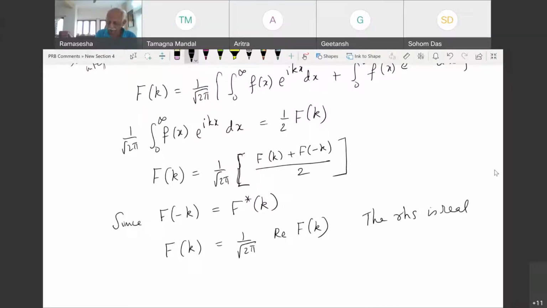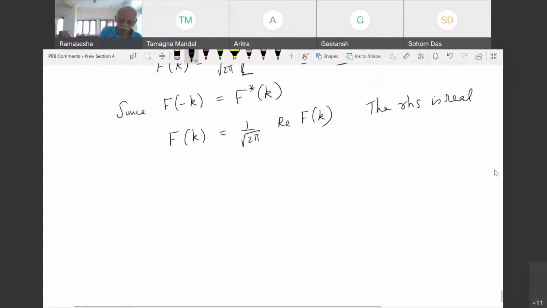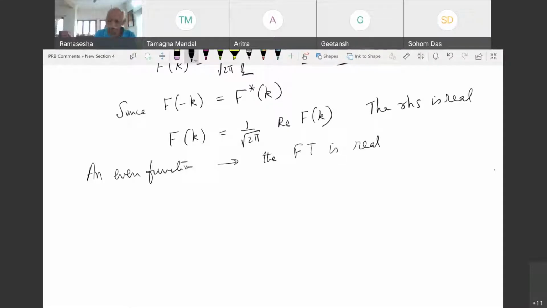So F of k is always real. So whenever you have an even function, the Fourier transform is real. You similarly have things like the Fourier transform of an odd function, which is pure imaginary.